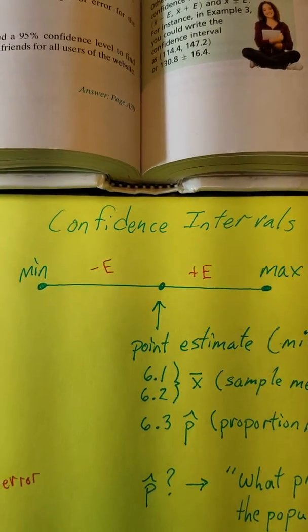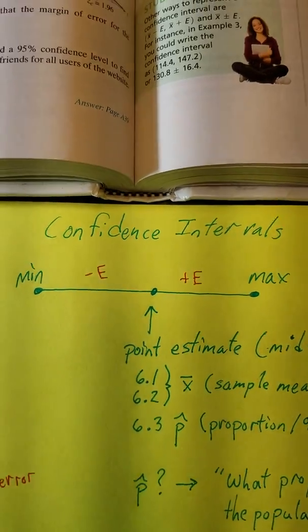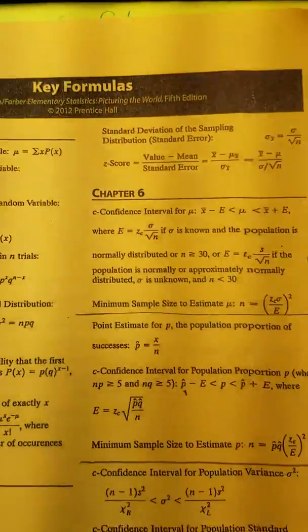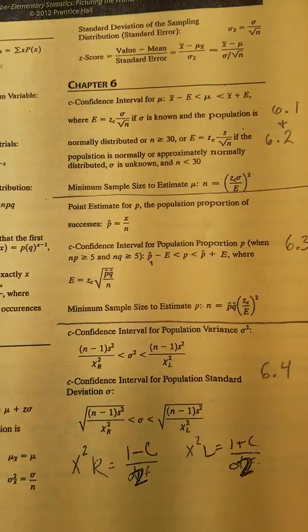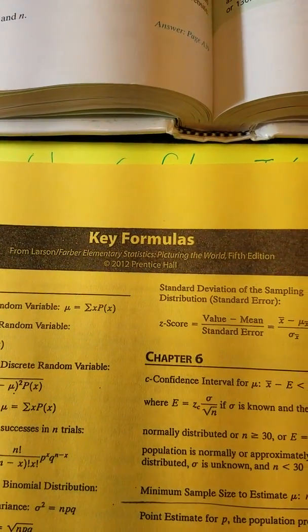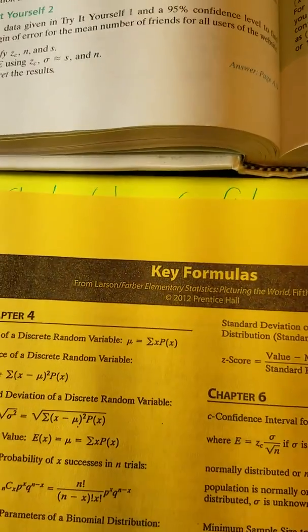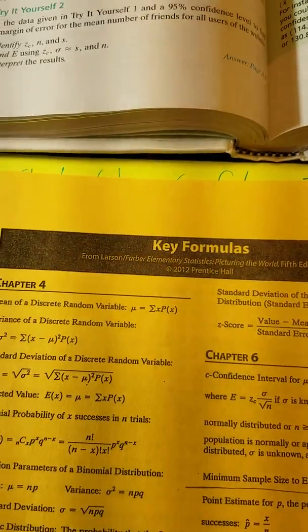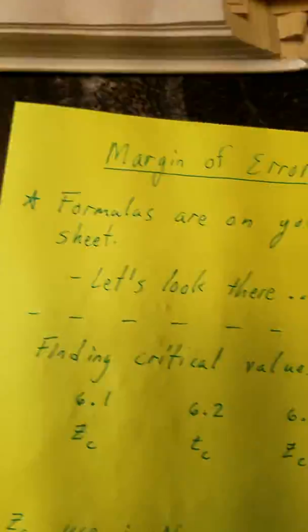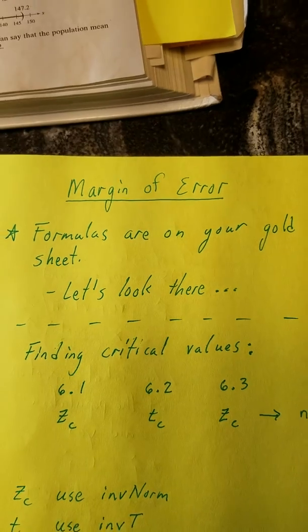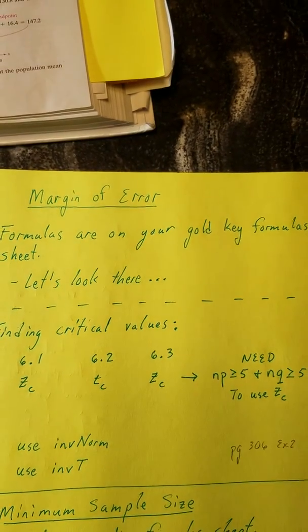But where are these formulas for finding margin of error? To do that, let's go to the sheet here. So here's your key formula sheet. Let's pull this down over here. Finding margin of error, the formulas are in your gold key formula sheet.